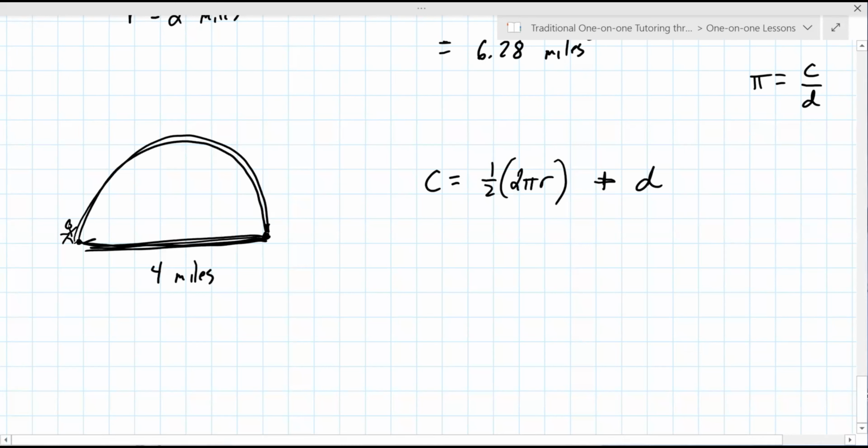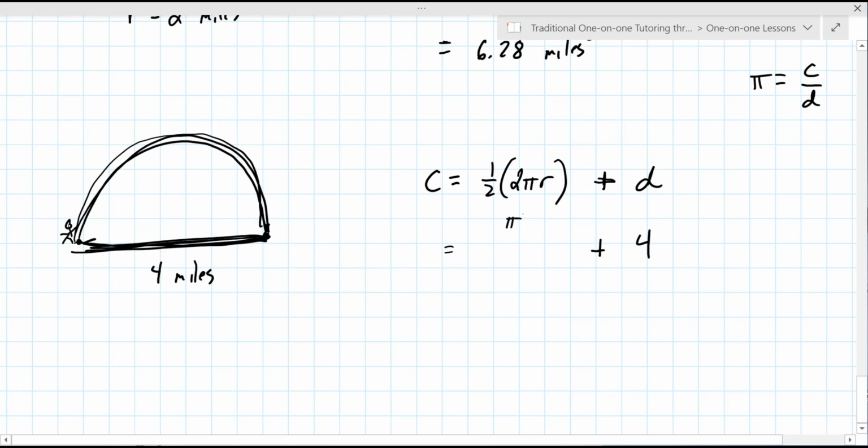Anyway. Okay. So the circumference is you walk all the way around the top half of the circle. The top half of the circle is half of a circle. So the whole circle is 2 pi r, but you cut it in half. And then the diameter is going back this way. So the diameter is 4. Half of 2 is just itself.